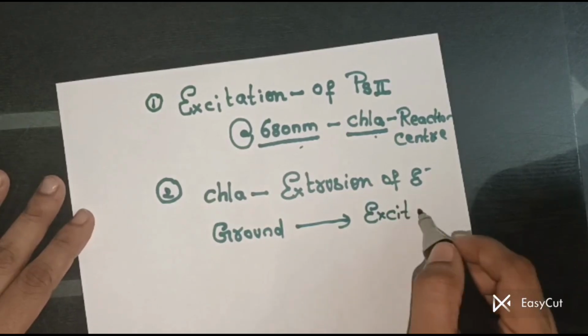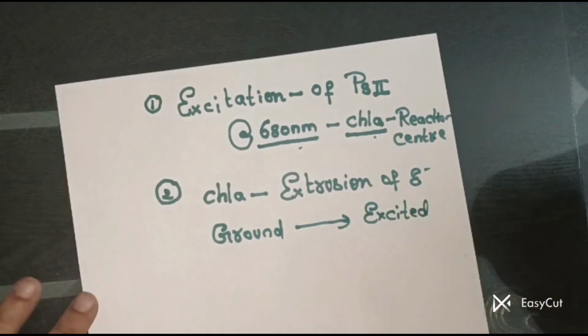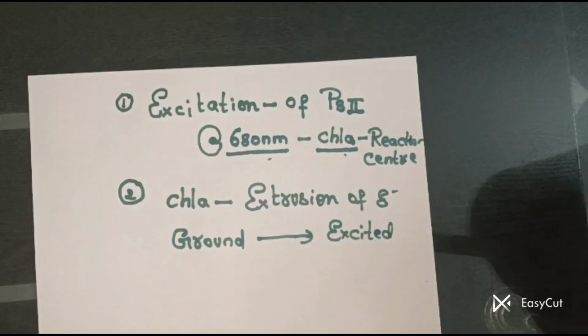Right? So the chlorophyll A, after absorption of the 680 nanometers, started showing extrusion of electrons.